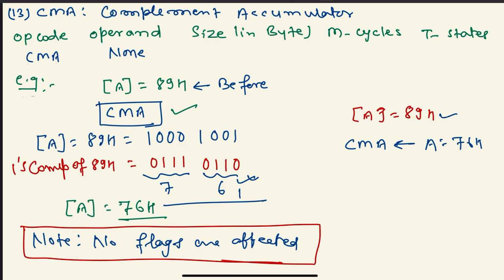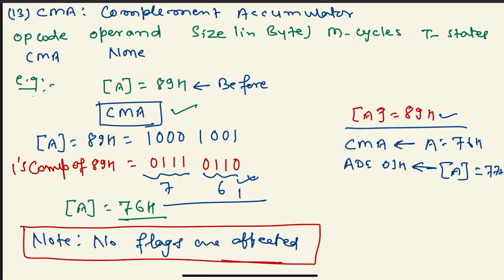So now if we write ADI 01H, what will happen at this place? The accumulator content will be 76H plus 01H. So this will become 77H. In the binary pattern, if we check, that is giving the 2's complement of the given data 89H.